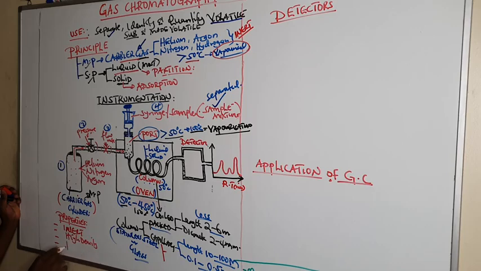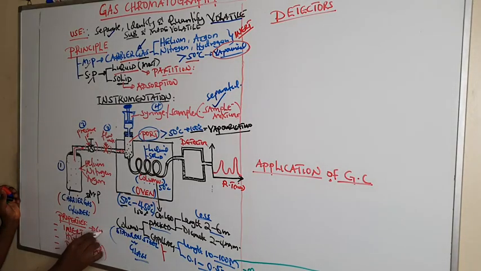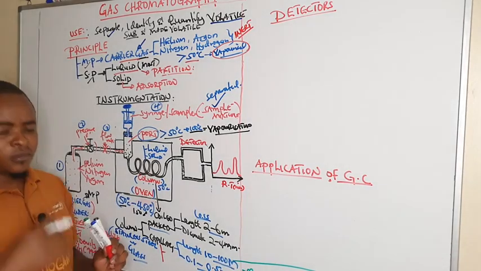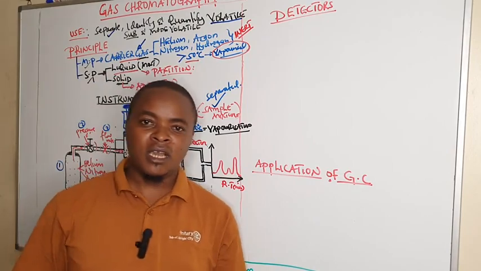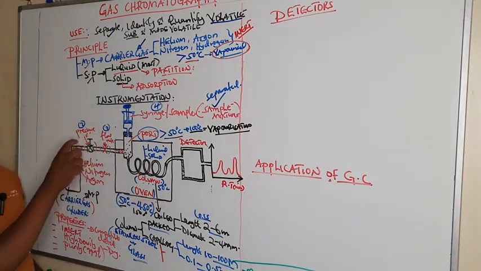It should be pure, portraying high purity, that is 99.9% pure. Then it should be compatible with the detector. Then it should be dry. It should not contain any water droplet and should also not contain any oxygen. That's why some have a sieve.